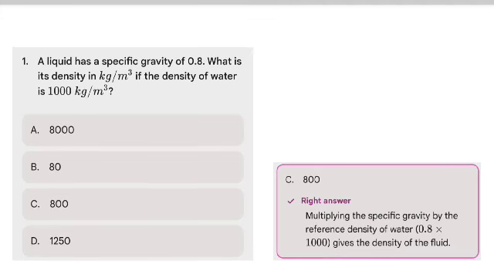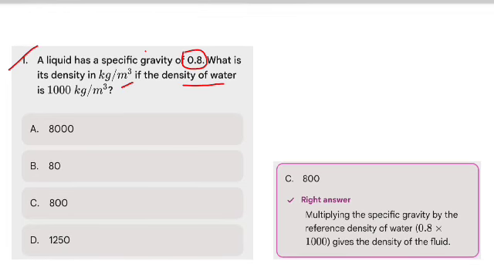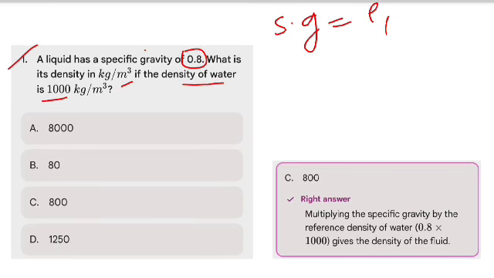Here a question is provided based on specific gravity and density. A liquid has a specific gravity of 0.8. What is its density in kg per meter cube if the density of water is 1000 kg per meter cube? We know that specific gravity is equals to density of fluid by density of water.